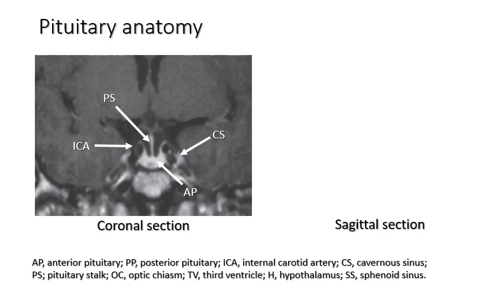This part represents the pituitary stalk that connects the hypothalamus to the pituitary gland and has an important role in controlling some of the functions of the anterior pituitary gland. Here is the optic chiasm located just above the pituitary gland. So when there are lesions like tumors, especially if large enough, they can compress the optic chiasm from below.